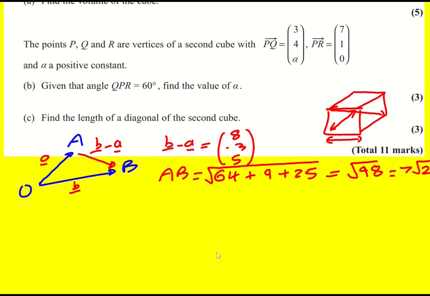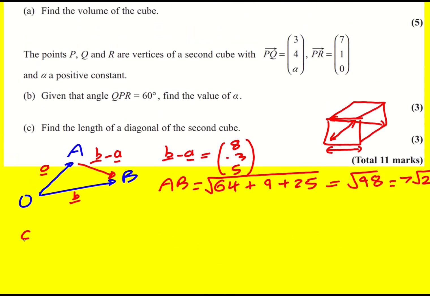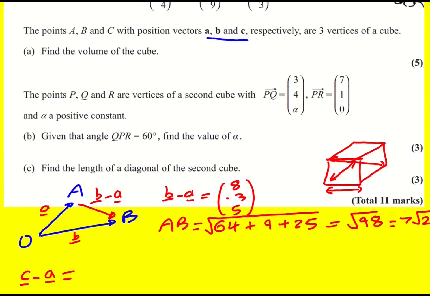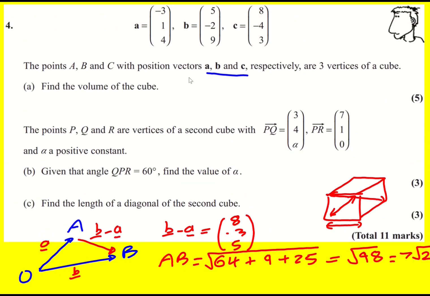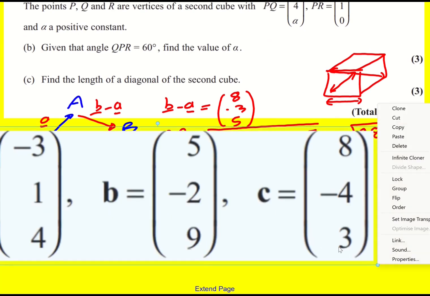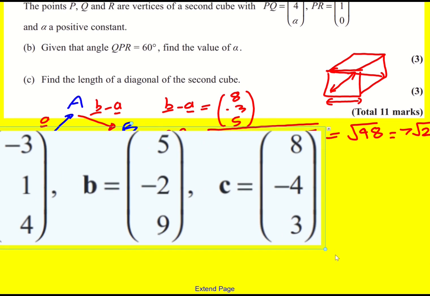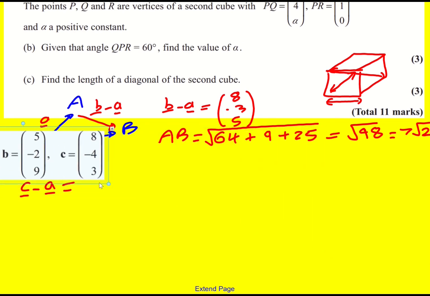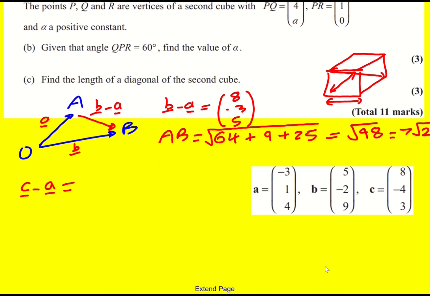Okay, and let's proceed in a very similar way with the others. So C minus A, let me just grab these and bring them down. So 8 minus minus 3, so 11, minus 5, and minus 1.